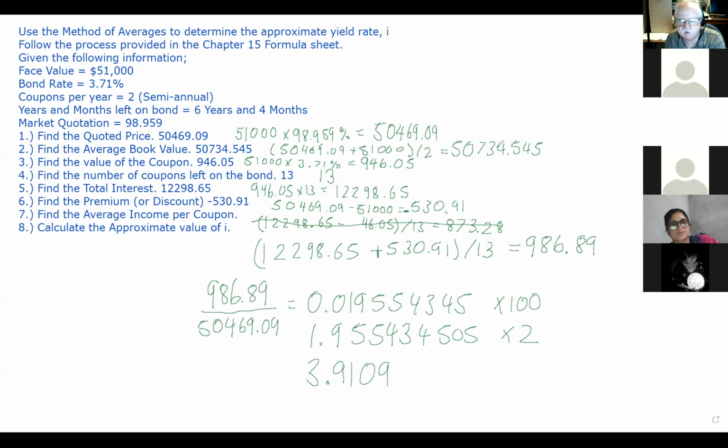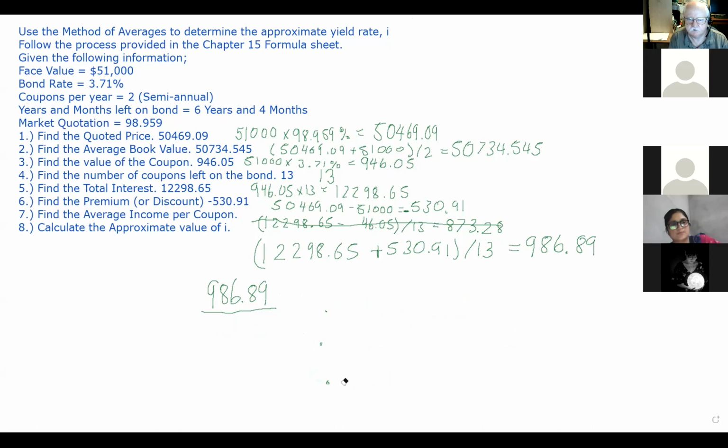The average book value, 507. I've put 504. Yeah, I took the quoted price. You're quite correct. Let's see if I can erase that.